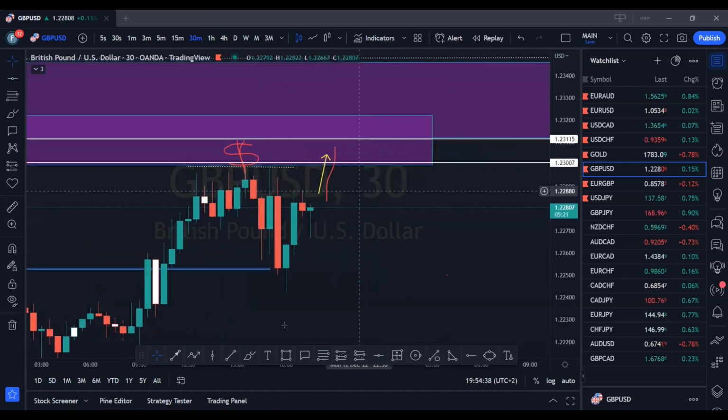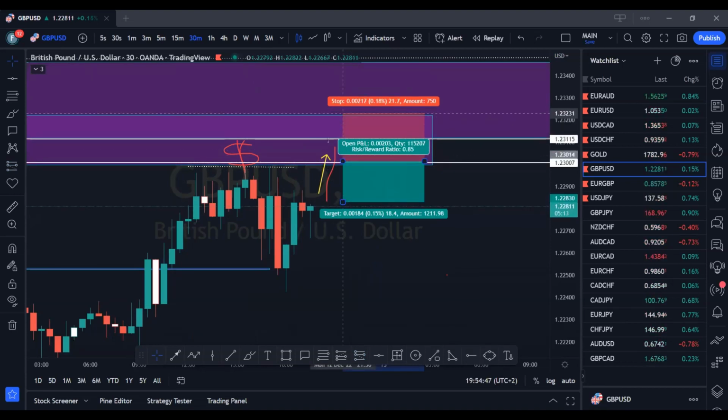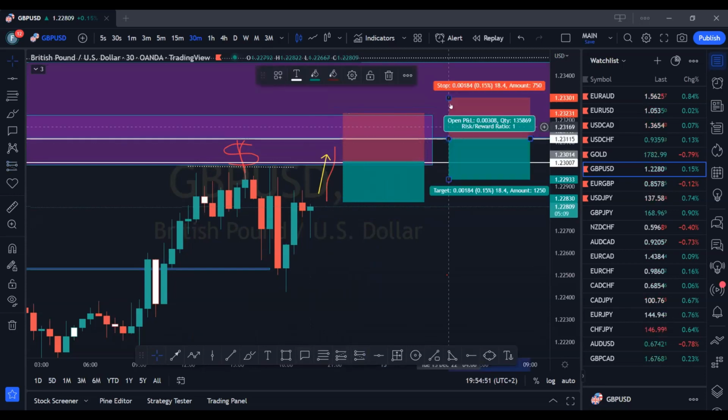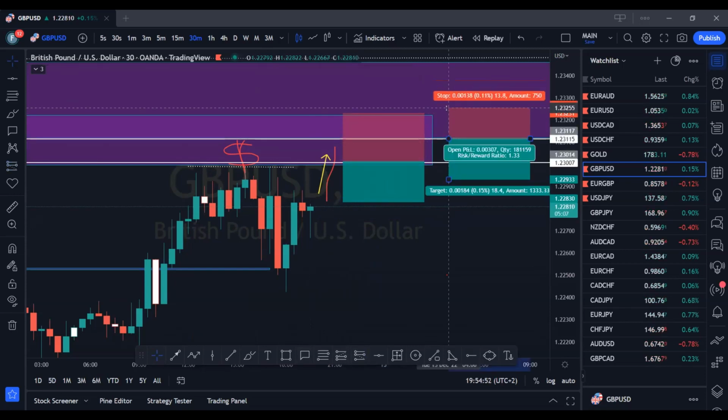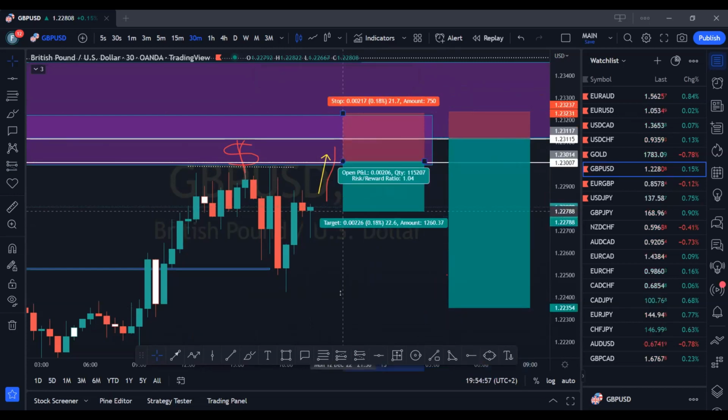So if you take entry here, your stop loss should be above the zone, or you take entry at this middle, like so, your stop loss will also be above the zone.